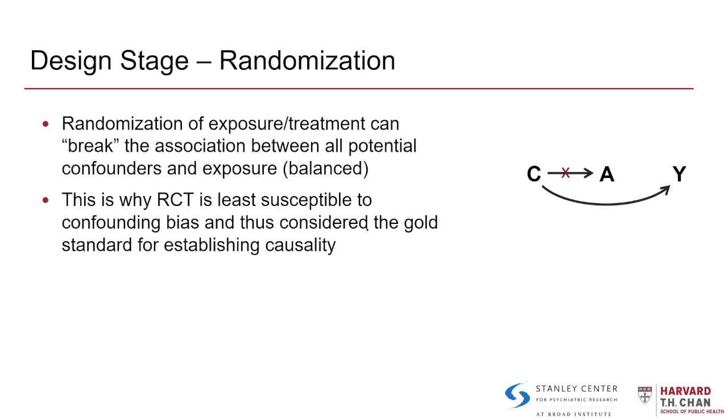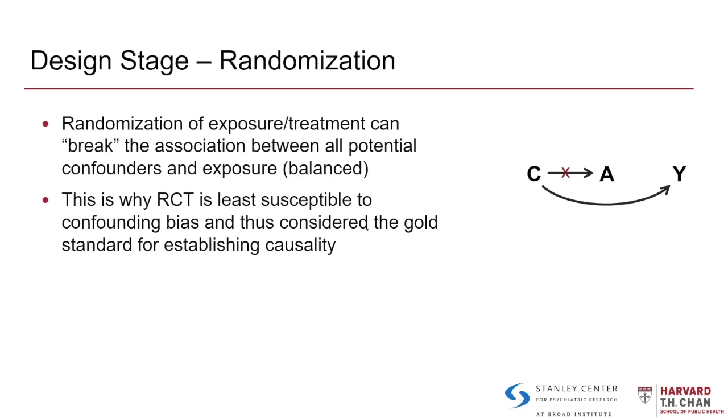I mentioned in the RCT lecture that if you want to know whether the randomization was done appropriately, you should look at table 1 of a randomized controlled trial to see the distribution of key variables. You should be able to see a balanced distribution.